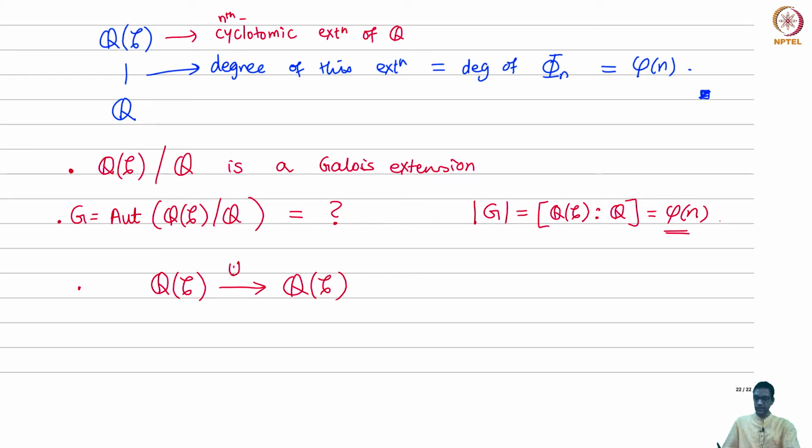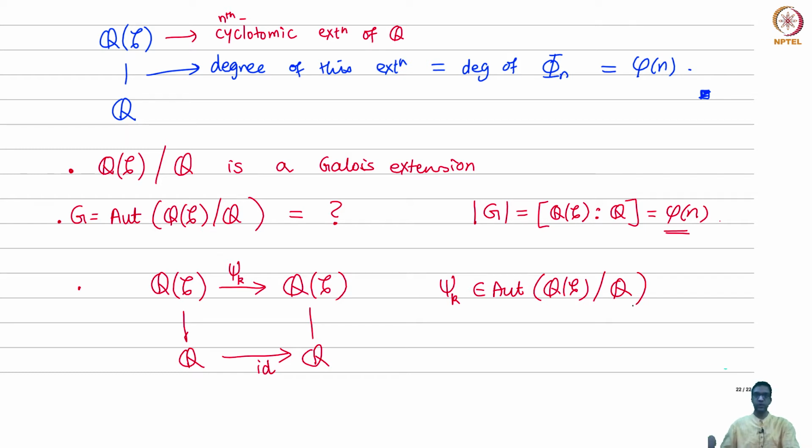I'm going to construct maps which I'll call psi_k, such that when restricted to Q, they give the identity map on Q. Psi_k should be a field automorphism of Q(zeta). Any field automorphism is automatically the identity on Q because it maps 1 to 1, therefore 2 to 2, 3 to 3 and so on. One can also show it maps p/q to p/q.